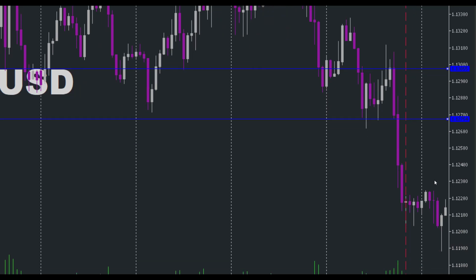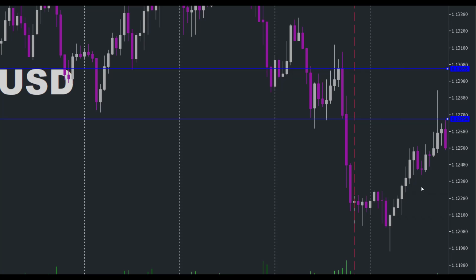Okay, then price continues to move. We've got this nice rejection there, so we're going to look for some trading opportunities from that rejection. So I'm going to hold Control, click there, and drag that one down there. We're going to look for another trading signal there.